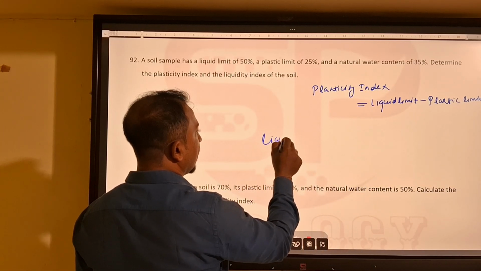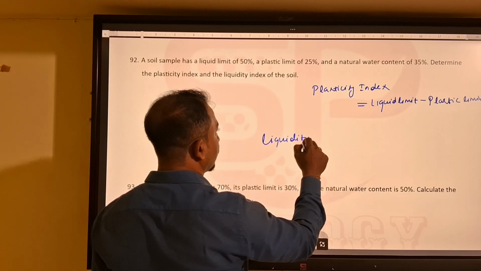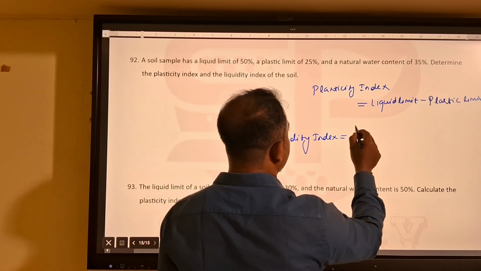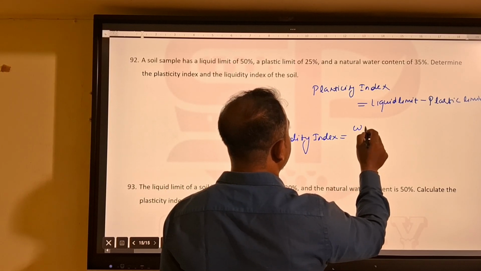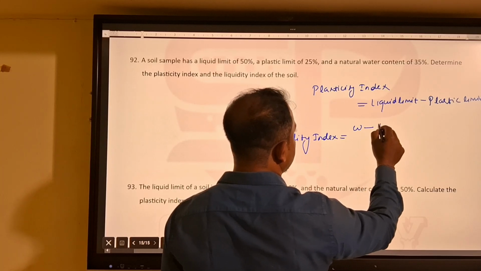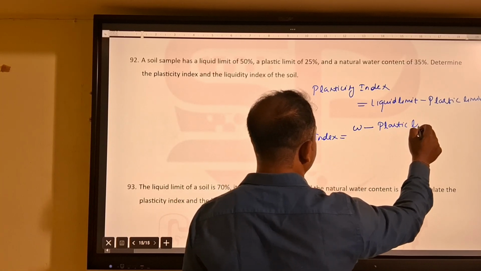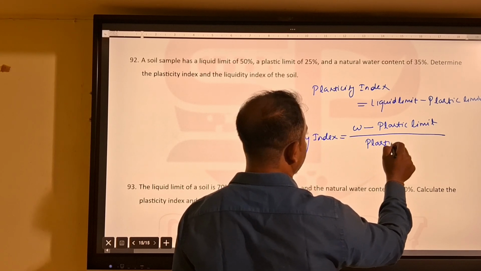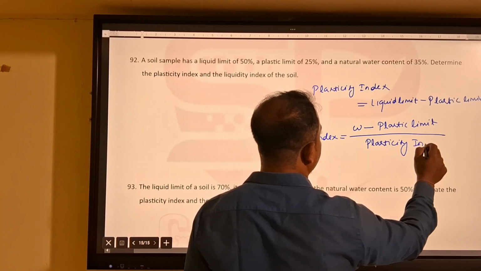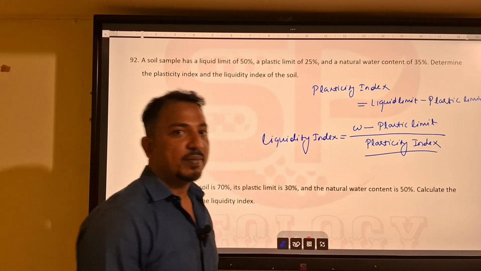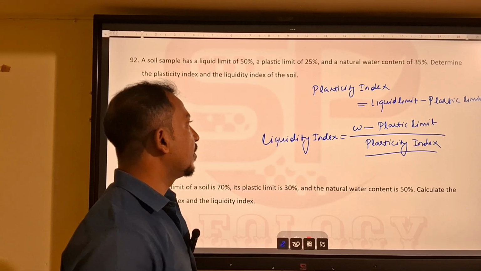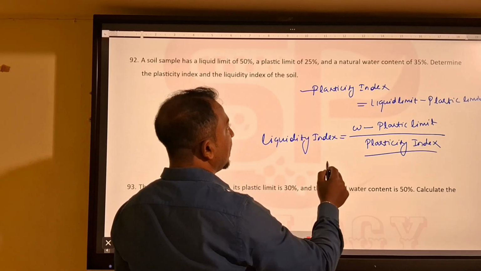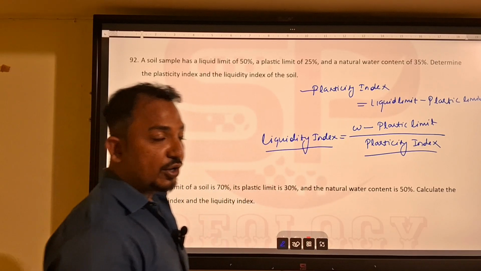The liquidity index is calculated by natural water content minus plastic limit, divided by plasticity index. So the plasticity index first will be calculated, then you can calculate the liquidity index.